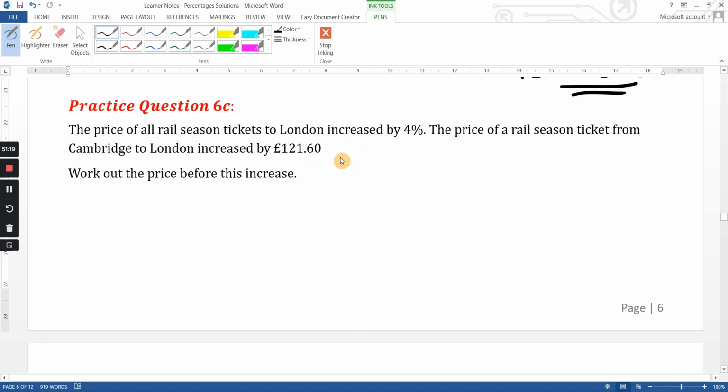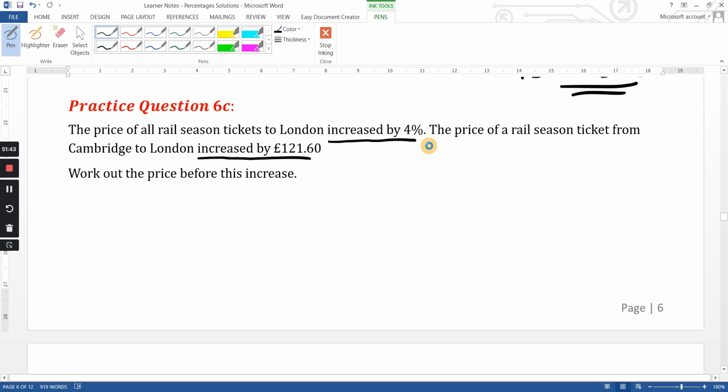Just look at the wording here. It's increased by 4%. Increased by this much. They're both talking about the same thing, aren't they? So this 4% increase is equal to this amount, isn't it? So don't fall into that trap of thinking that this amount is equal to 104%.